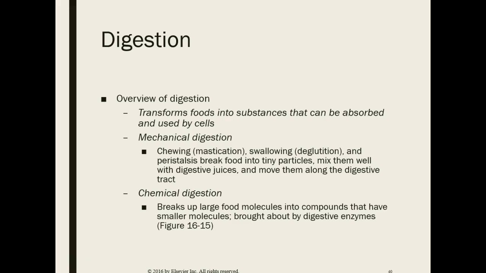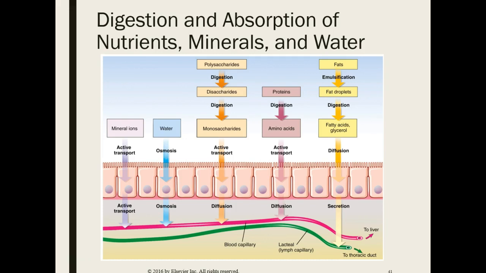Chemical digestion is going to break up those large food molecules into compounds that have smaller molecules. So there's normally some sort of digestive enzyme that's involved with this. So this shows how the different minerals, nutrients, that sort of thing are digested and then absorbed.